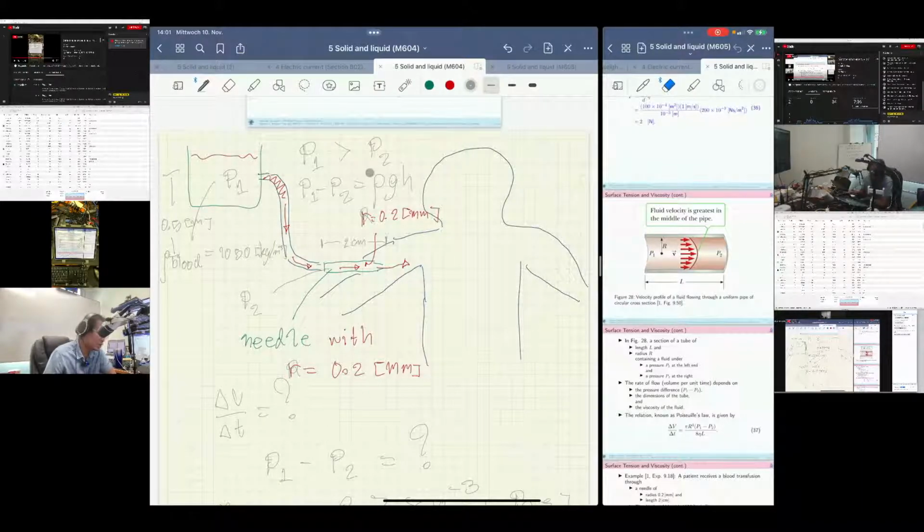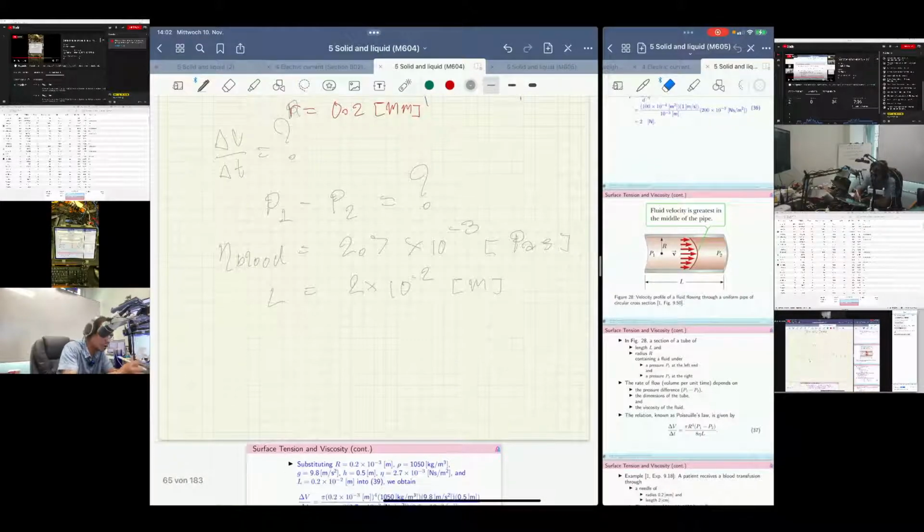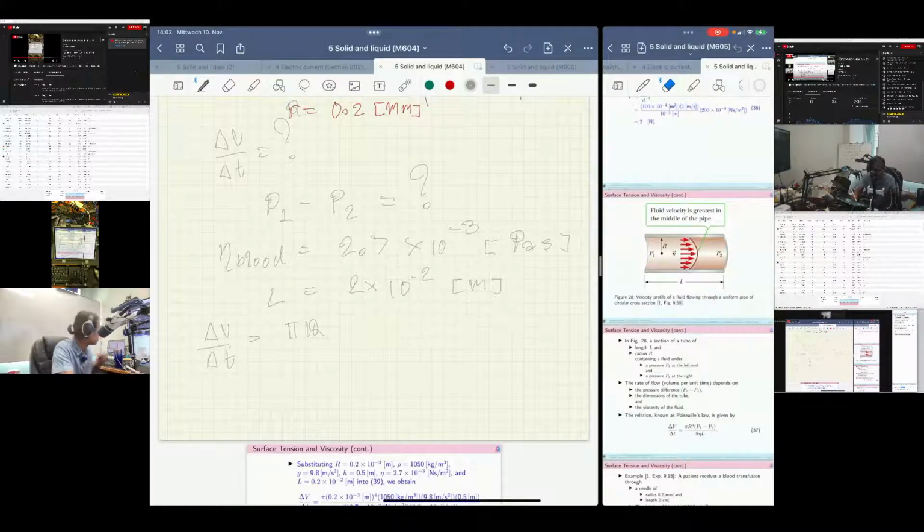All right, so let's go to the Poiseuille formula. Delta V by delta T is equal to pi R to the power of 4, times the pressure difference, rho g h, divided by 8 eta L, right?